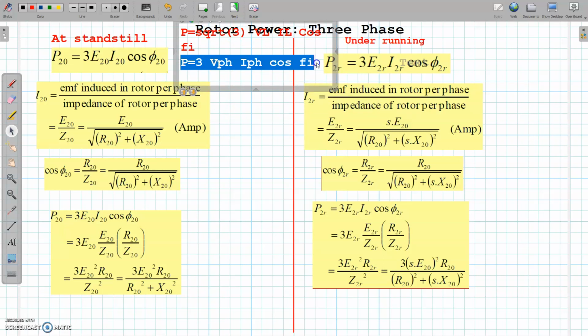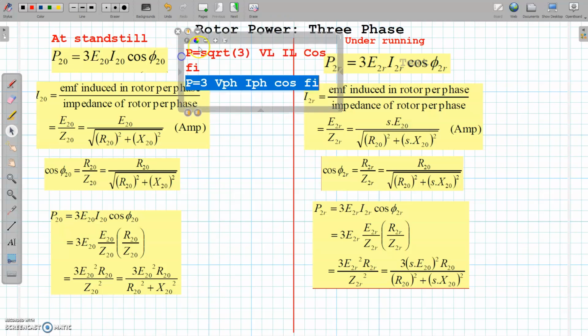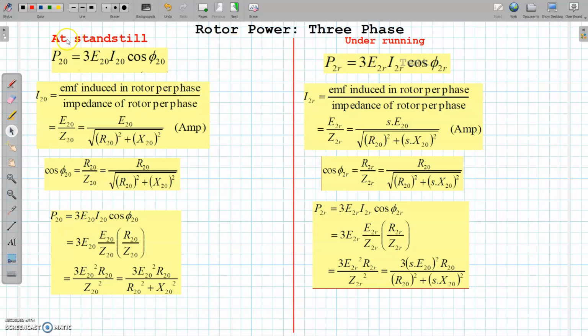So let us develop the equation for rotor power in the three-phase circuit. The rotor power is given at the standstill and under running condition. Under standstill condition, the EMF induced is the standstill EMF. 2 indicates rotor and 0 indicates standstill.